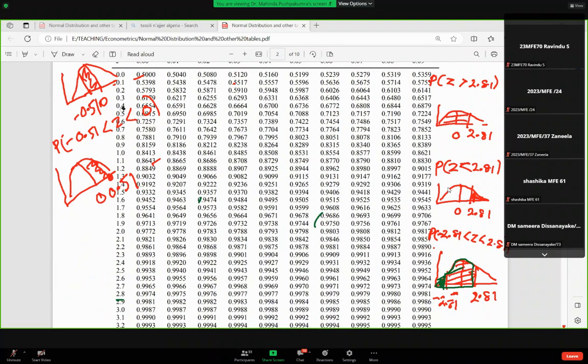What is the answer for this one? And this one, let's say first we can work out this one.